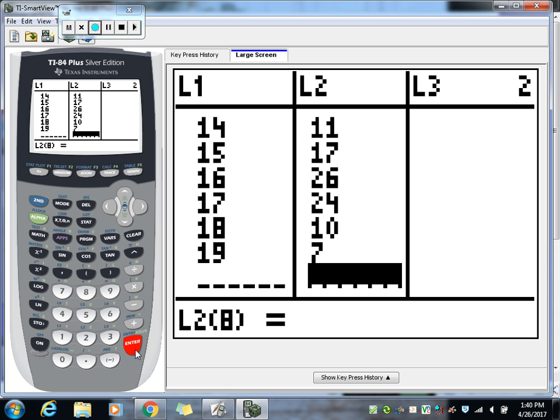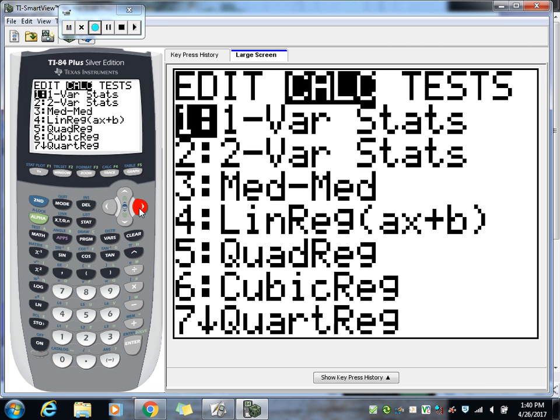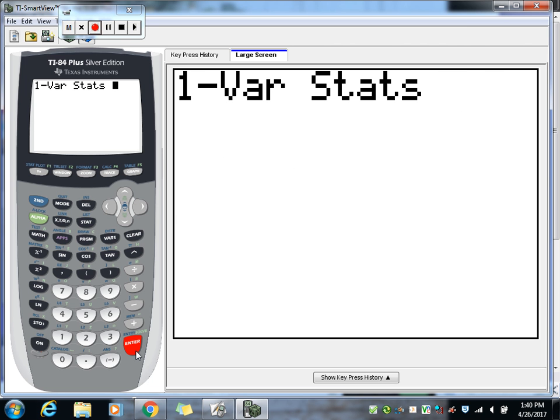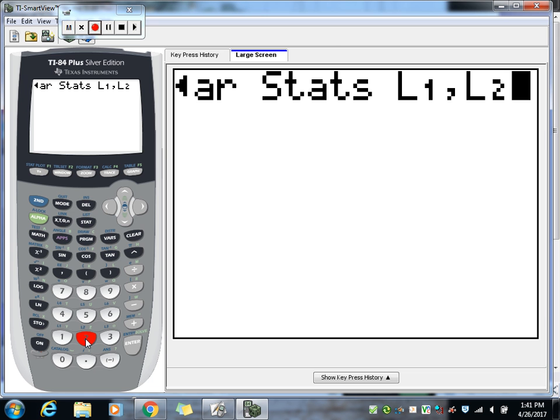So when we go to calculate, we're going to go to stat, go to calc, and we're still going to do our one var statistics because we still only have one piece of information that we're looking at. So if your calculator looks like mine, the way we do this is you're going to hit second and the number 1 to give you list 1. What you're telling the calculator is I have info in list 1. And then comma, second L2, and that's telling the calculator, but I'm giving you my frequencies in list 2.